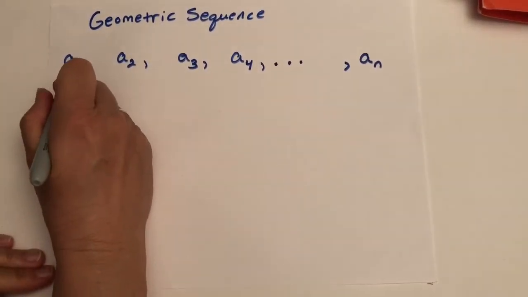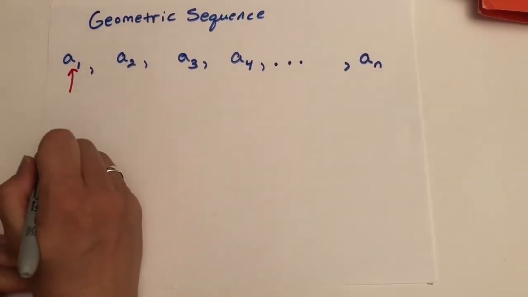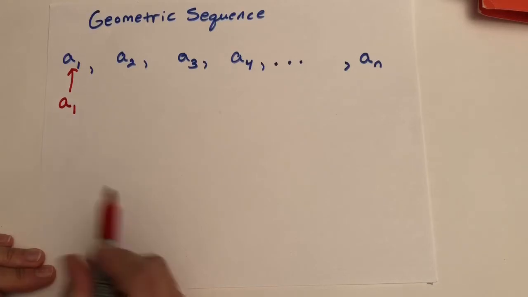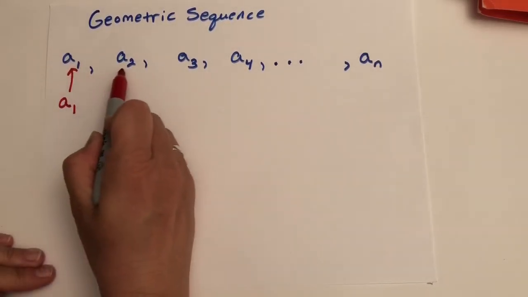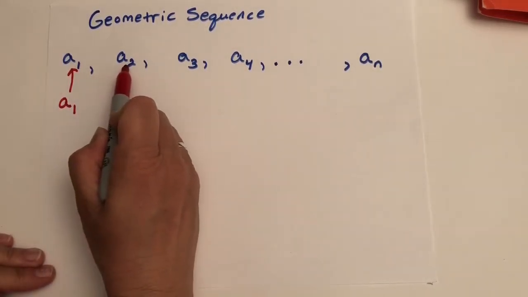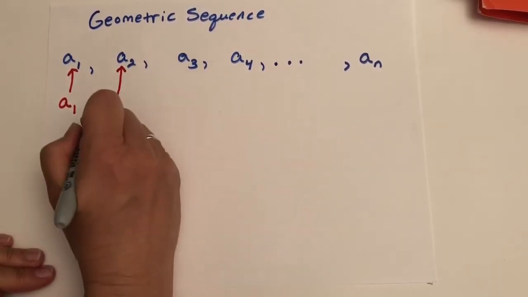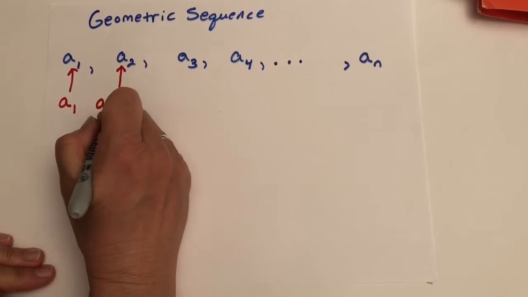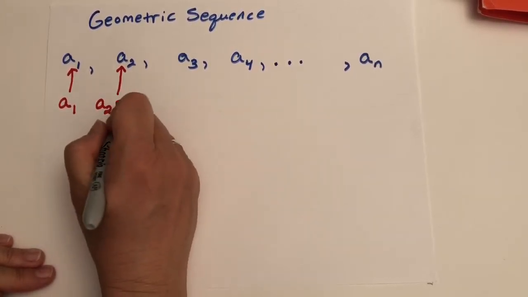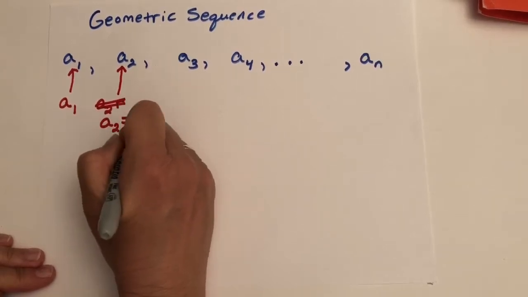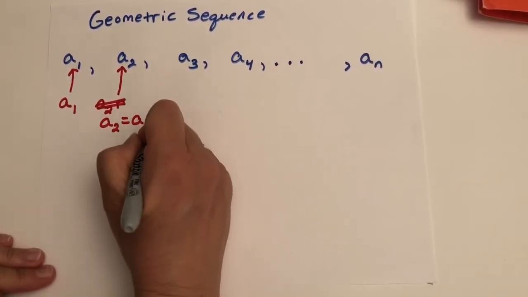Well, our geometric sequence just starts with our first term of a sub 1. But remember, we would multiply by r to get to the next term. So a sub 2, the second term, is the first term multiplied by r.